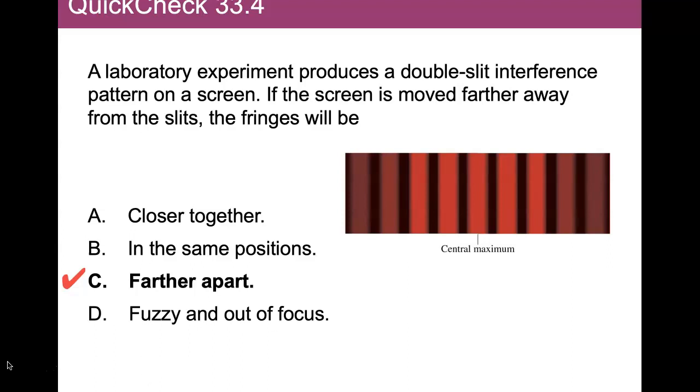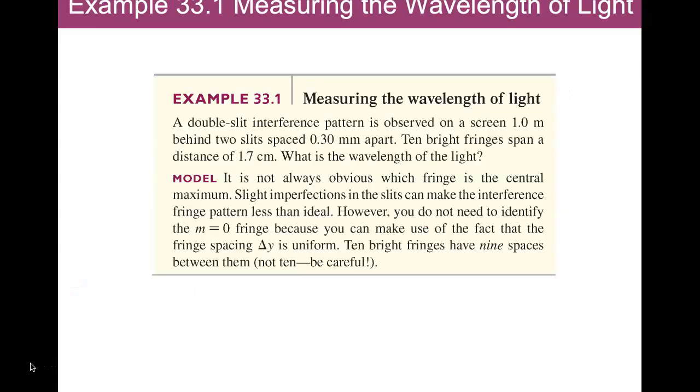Okay, so here's an example. We have a double slit interference pattern on a screen 1 meter behind two slits spaced 0.3 millimeters apart. 10 bright fringes span a distance of 1.7 centimeters.